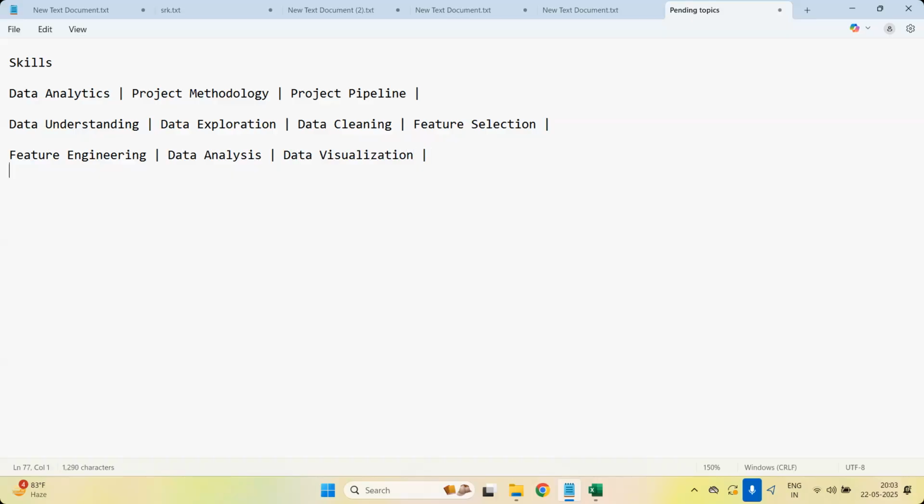Next, Python: NumPy, Pandas, SciPy, Matplotlib, Seaborn.